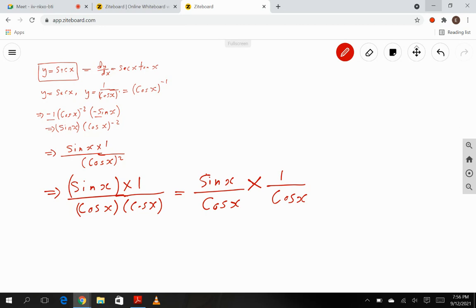So at this point you are going to use identities. This is going to be tan x, and then 1 over cos, that's sec x.